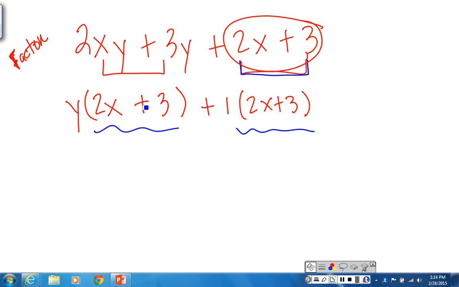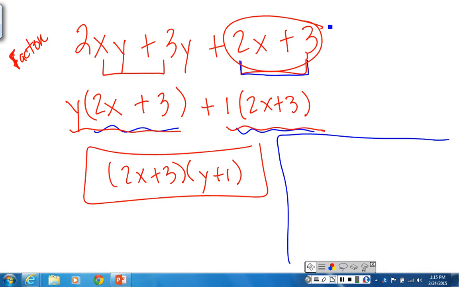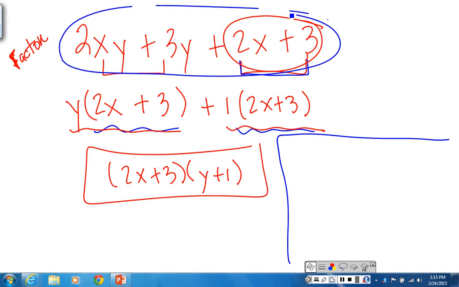So we pull out that common binomial factor, which is 2x plus 3. And when we pull out that 2x plus 3 from both terms, what's left over? Y plus 1.